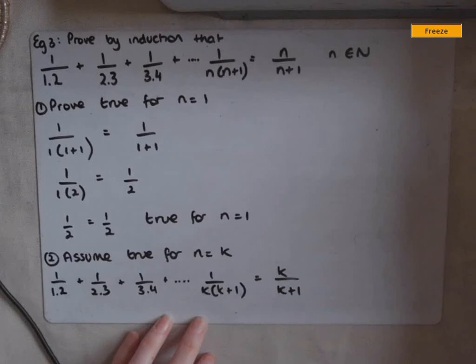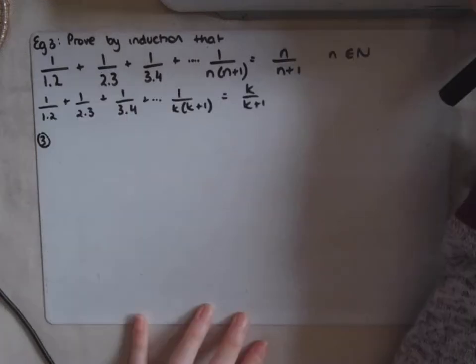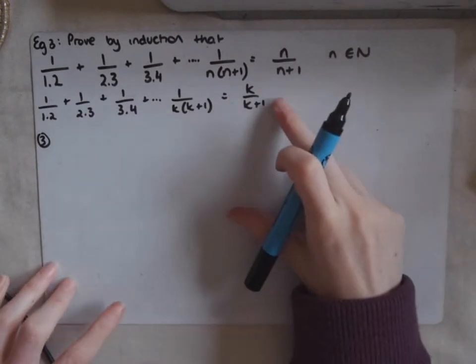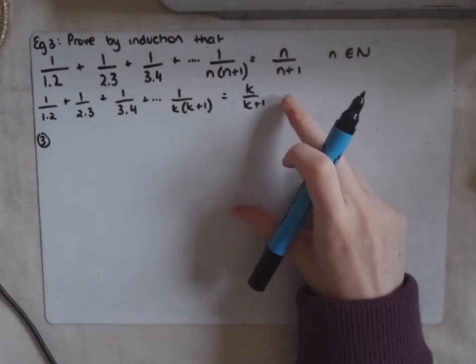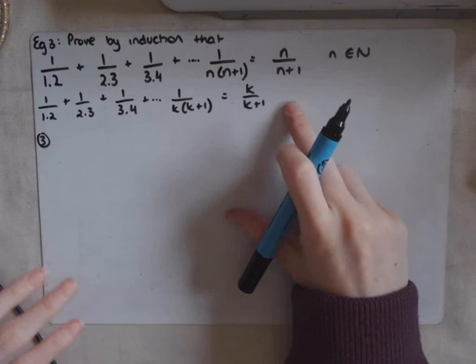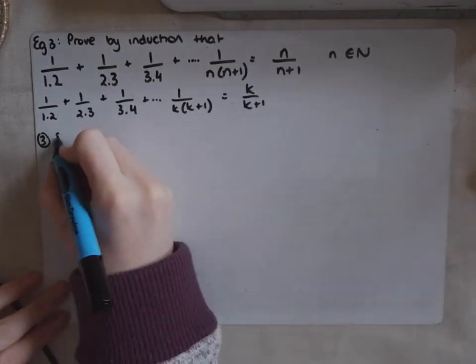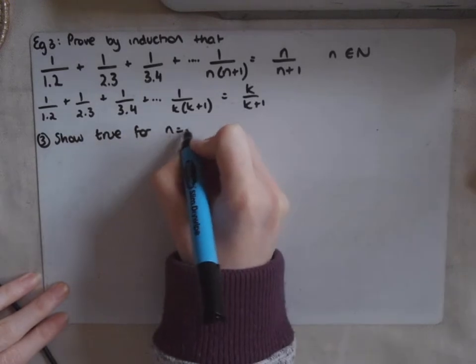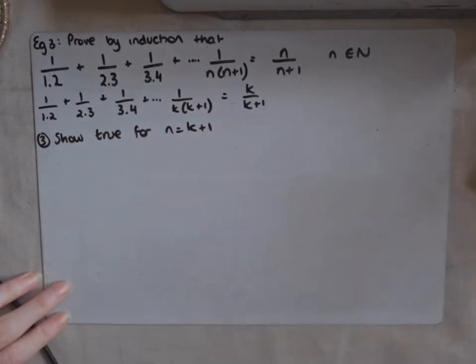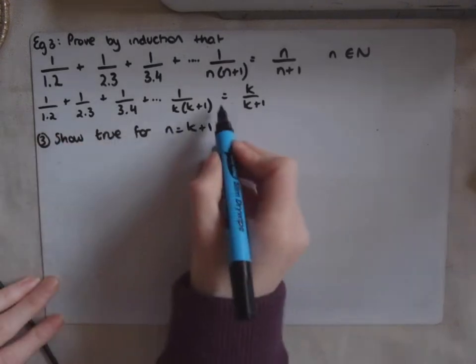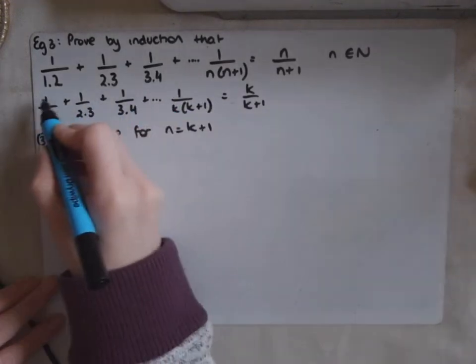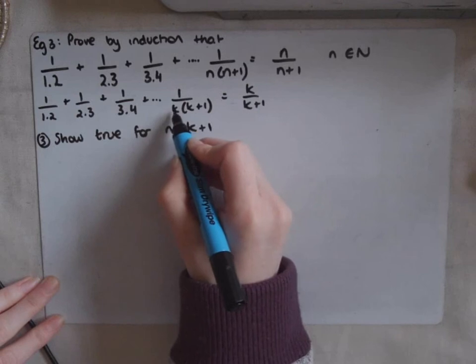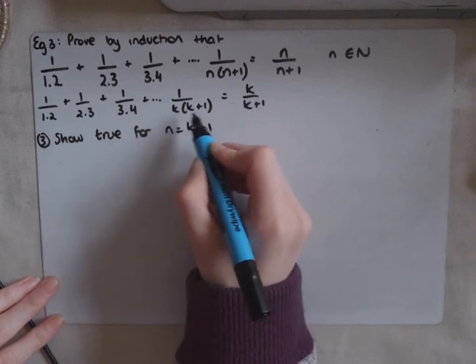Okay, so that is where I'm at here. I just rewrote that up there. That's my assumption. Now I need to show true for n is equal to k plus 1. Okay, so on the left hand side I'm going one step further with a k plus 1 everywhere instead of the k.